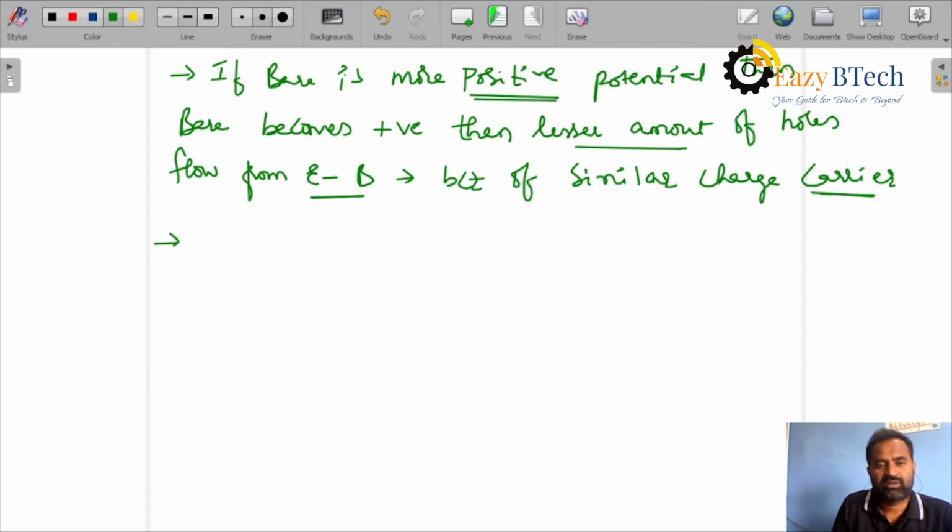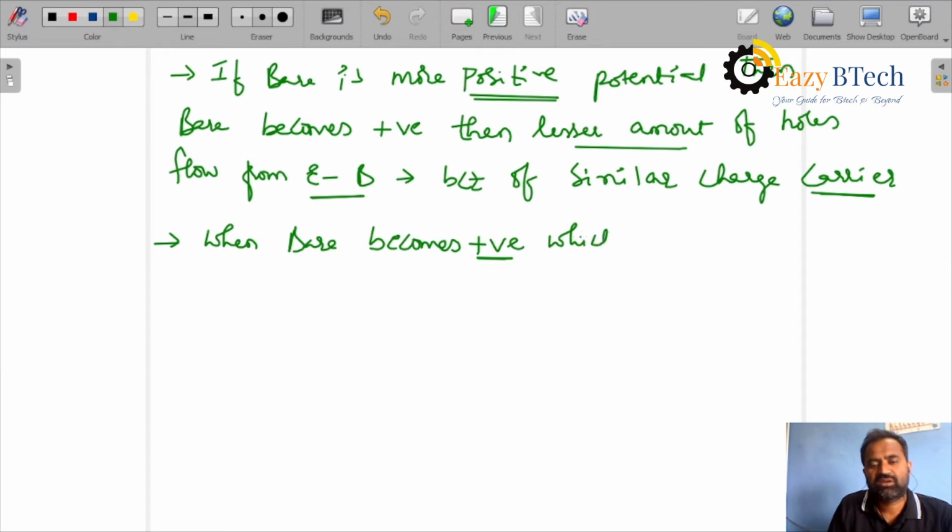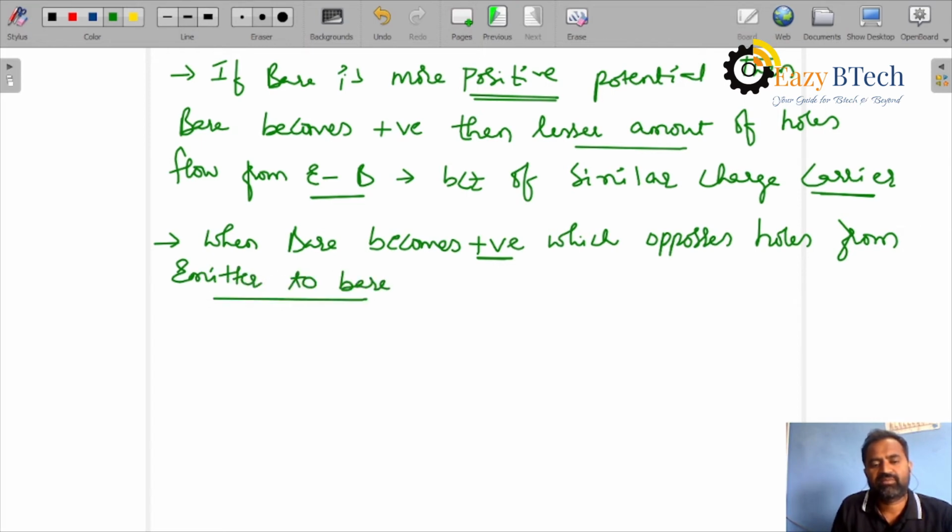When the base becomes positive, it opposes the holes from the emitter to the base, and then no charges flow from base to collector.